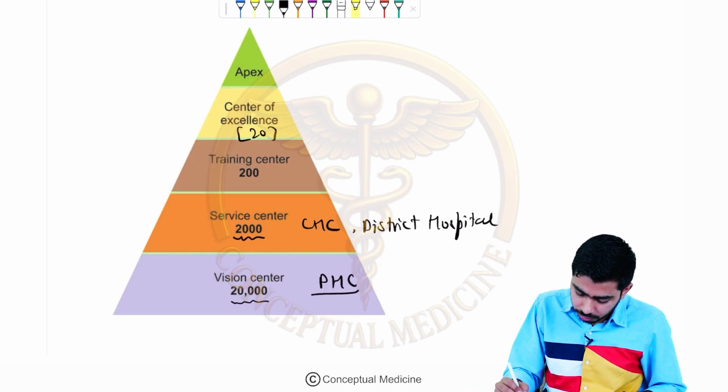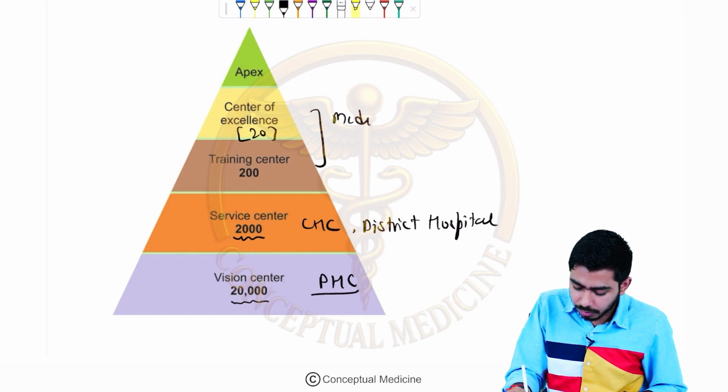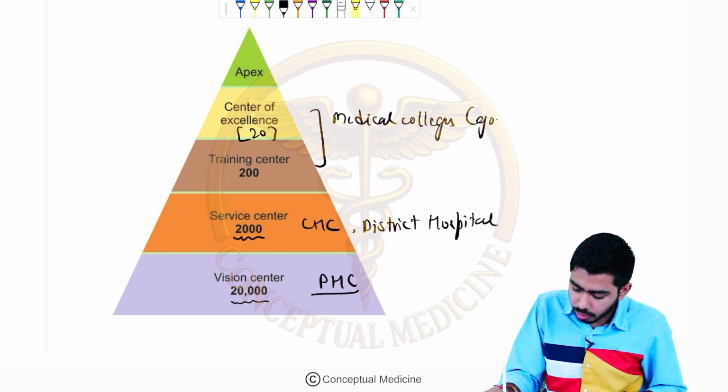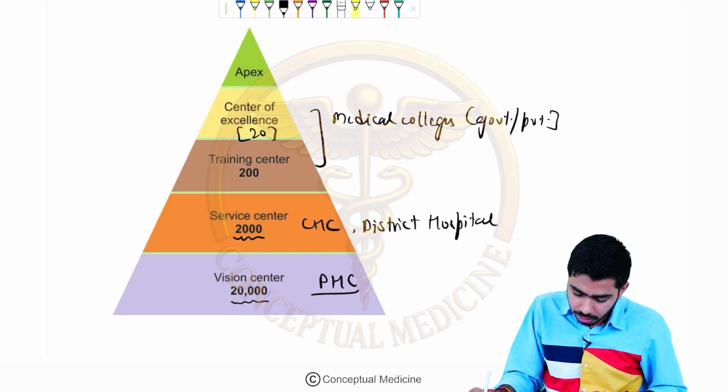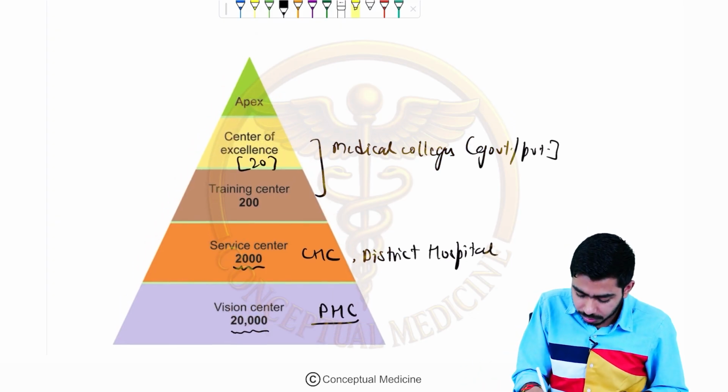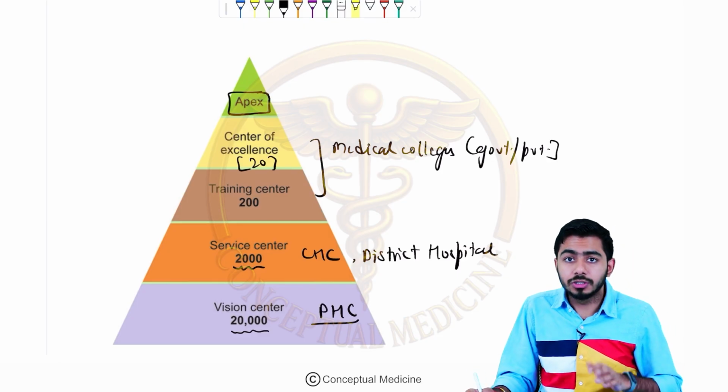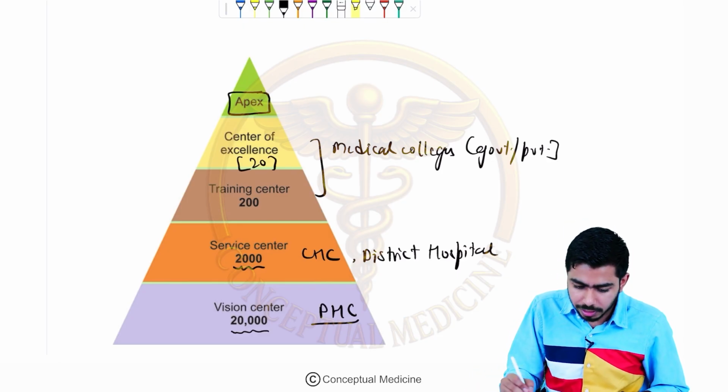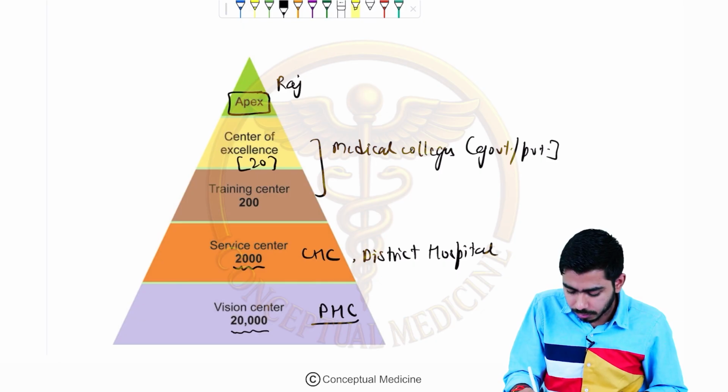At the level of the center of excellence and the training center, the medical colleges are working, which could be government or private medical institutions. And the apex one is the tertiary care institute for the eyes, the Rajendra Prasad Ophthalmic Research Center.